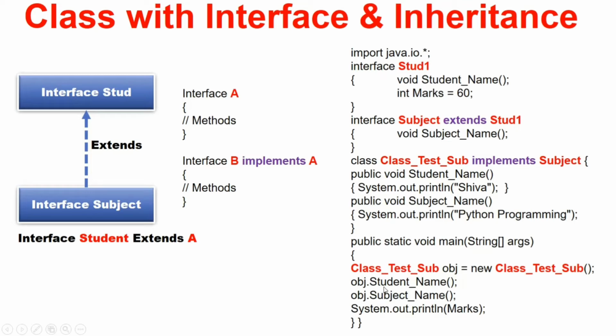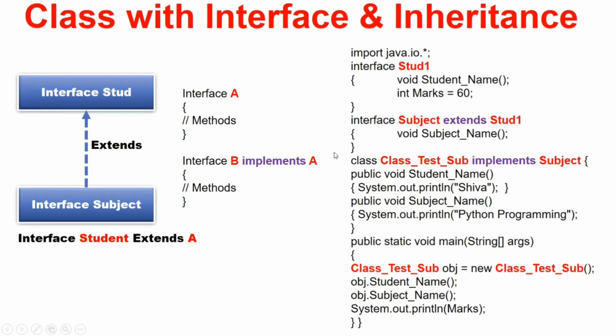So these two methods, object.student_name and object.subject_name, are available through the student interface as well as the subject interface.